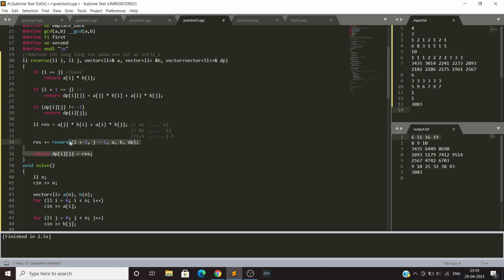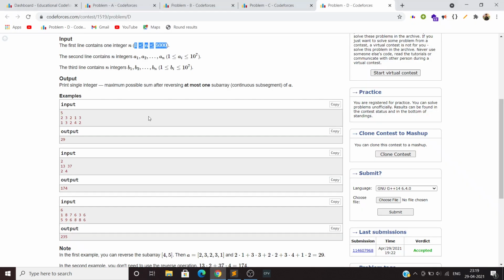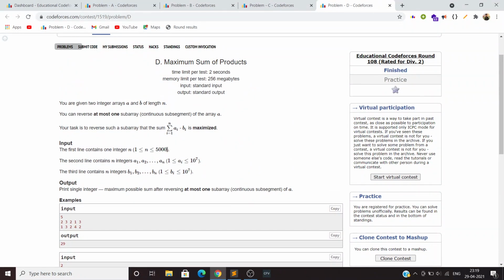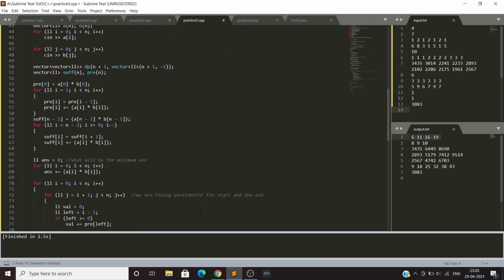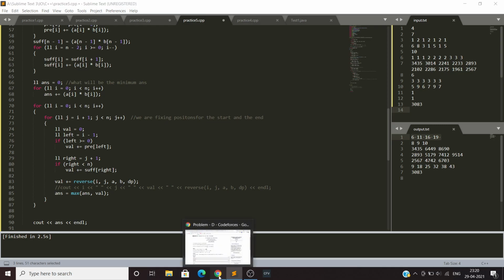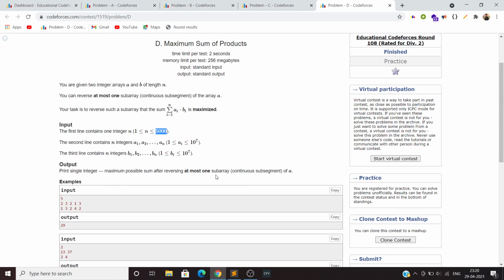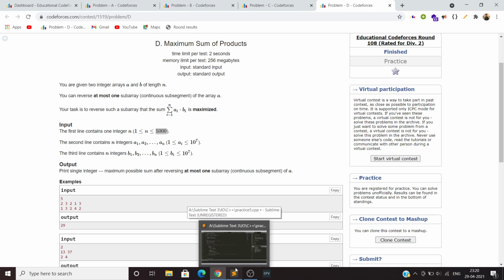It will work for n less than or equal to 5000, because the loop is n square, so it is about 25 into 10 to the power 6, and it will work.